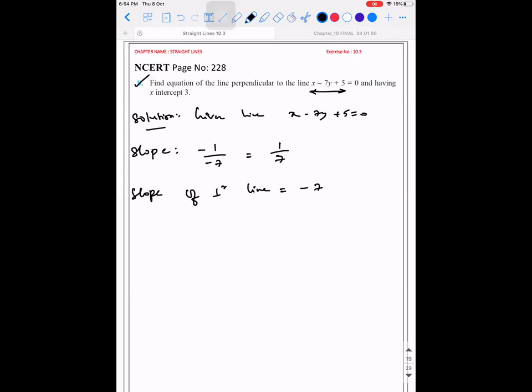Are you clear with this? Yes, sir. So equation of line with slope m and x-intercept d is what?